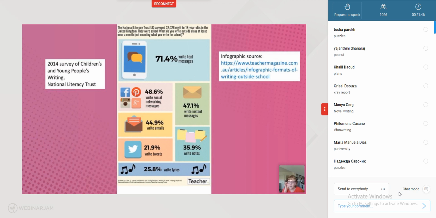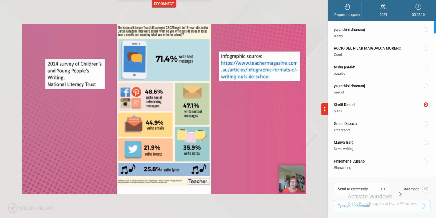Now, the latest survey is available on the National Literacy Trust's website. The latest survey shows the results for 2017 to 2018. Texts had gone up to 88%.